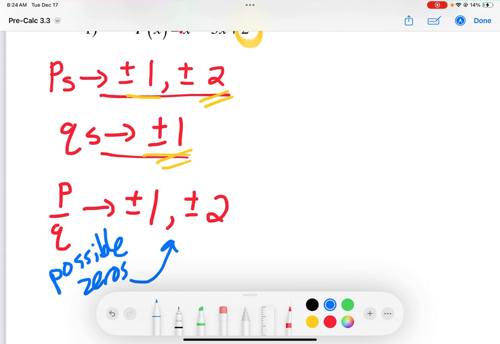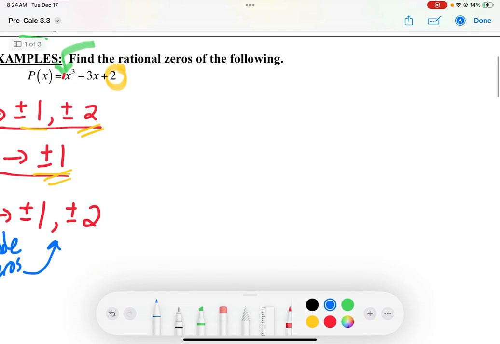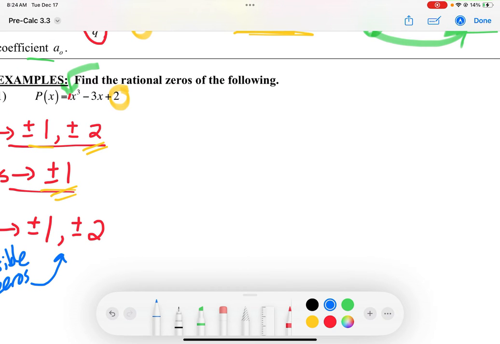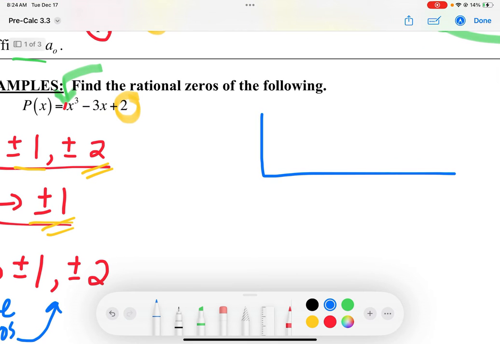What we're going to do is test each of these possible zeros and see which ones give us 0 using synthetic division. So we're going to set this up. Whenever we do synthetic division, we have a placeholder here, 0x squared. So it's going to be 1, 0, -3, and 2.